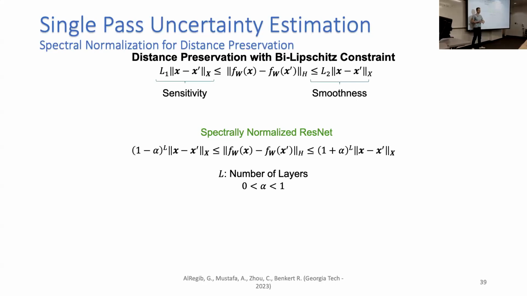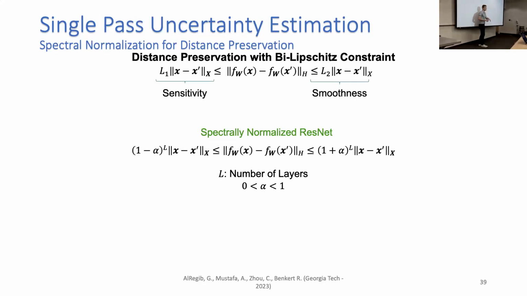The reason why I'm talking about this in so much detail is because, just intuitively speaking, you can already see that by having a very large, very deep neural network, these Lipschitz bounds go very far apart, meaning I can't really give a very good guarantee about either sensitivity or smoothness if this number here is very low and this number here is very high.